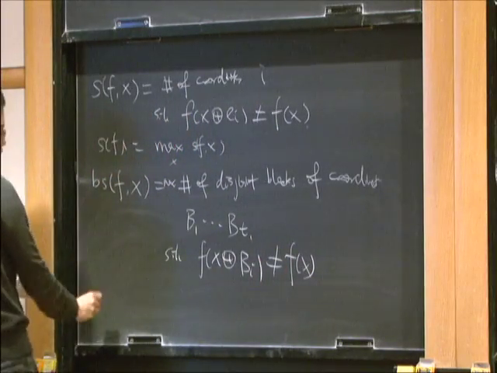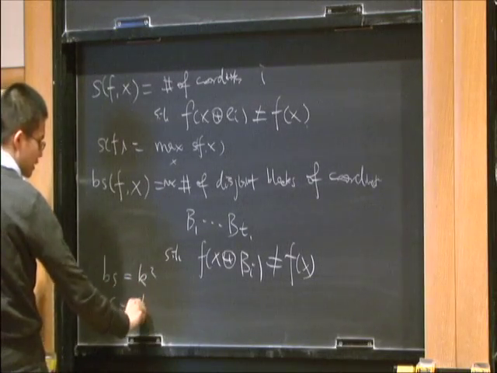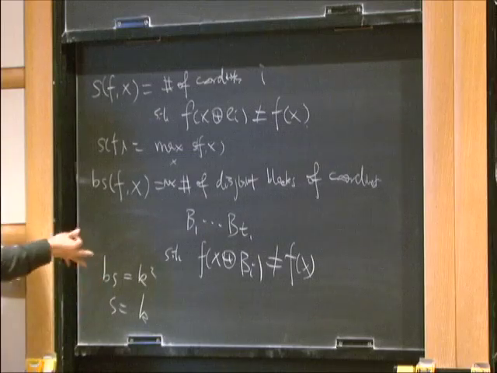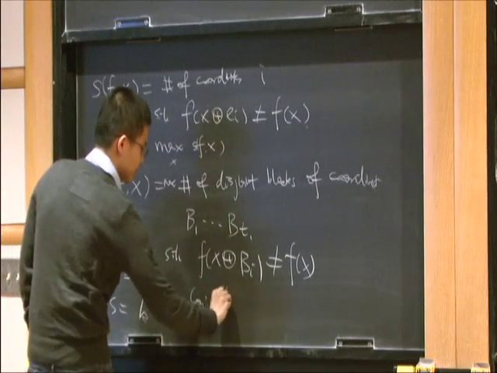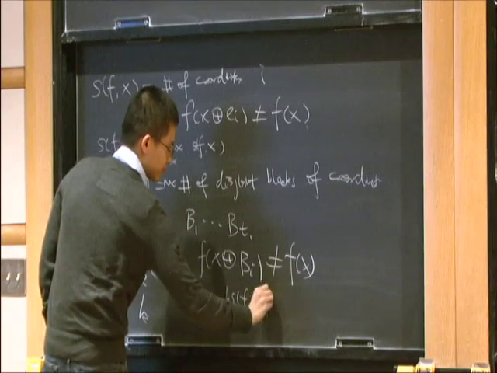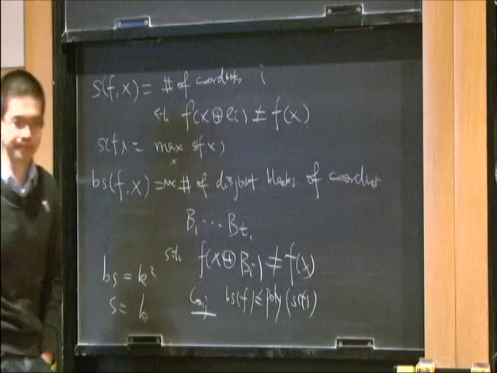And there are examples showing that the block sensitivity can be like k squared, and the sensitivity is like k, and that's the best separation that we know. And the conjecture is that the block sensitivity is bounded by a polynomial function of the sensitivity.